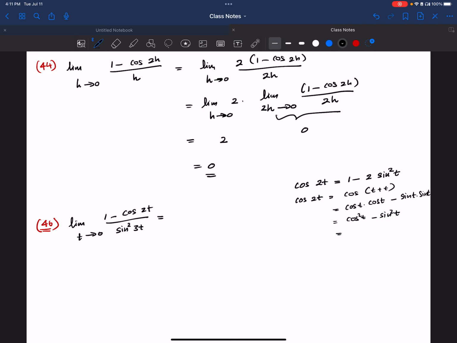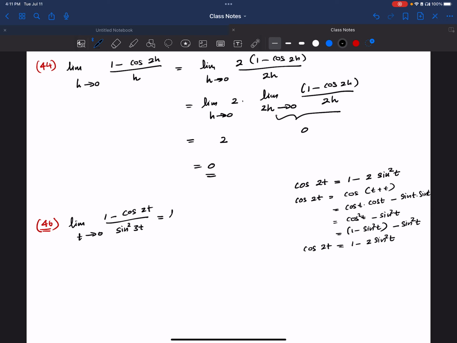But we also know that cosine squared t is equal to 1 minus sine squared t, so we have 1 minus sine squared t minus sine squared t, which is 1 minus 2 sine squared t. So cosine 2t is equal to 1 minus 2 sine squared t.